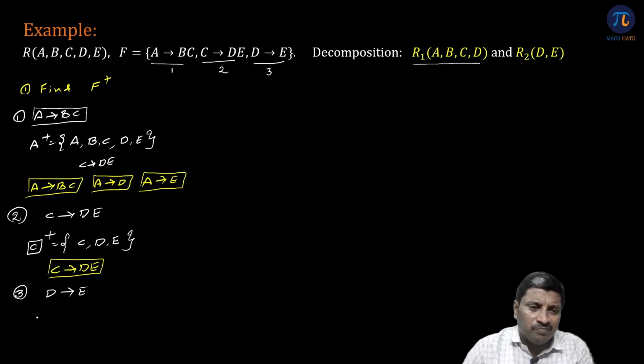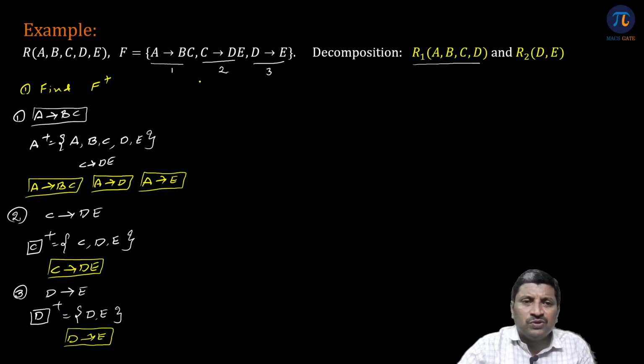D implies E. What is D closure? D closure is D, E. Anything else possible? No. That means the only FD with this is D implies E. That's it.